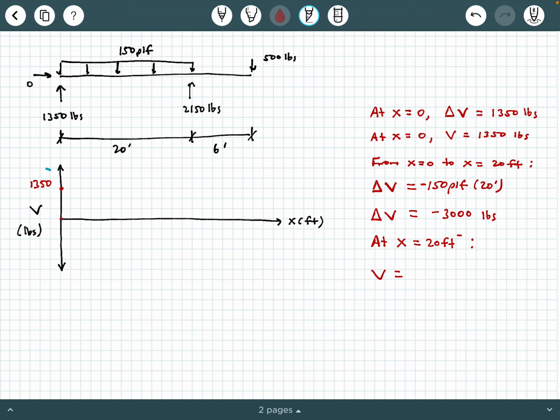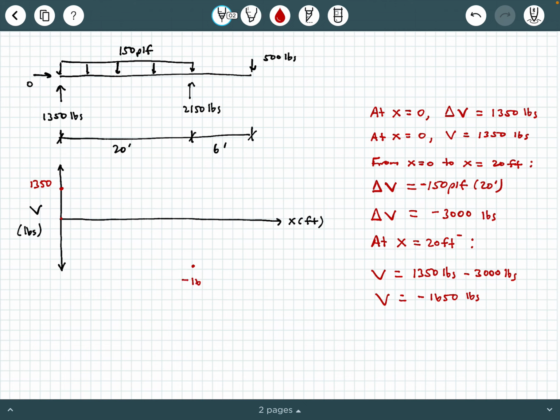Well, we were at 1350, and then over this 20-foot length, we dropped down by 3,000. So that's 1350 pounds minus 3,000 pounds. So that shear force just to the left of 20 feet is going to be negative 1,650 pounds. So that's going to be about right here.